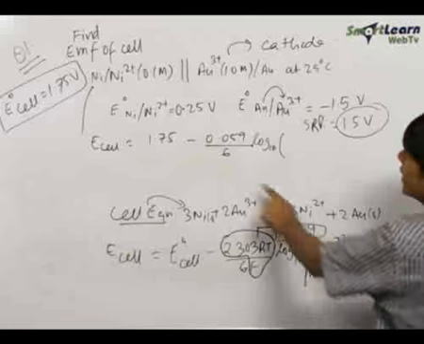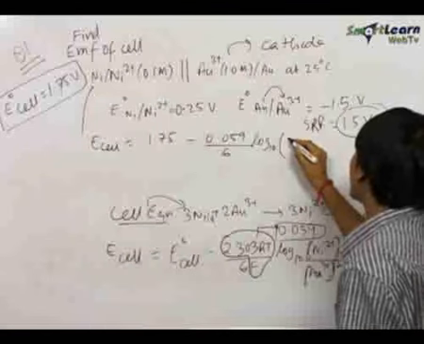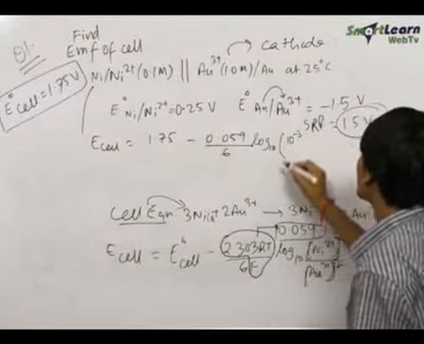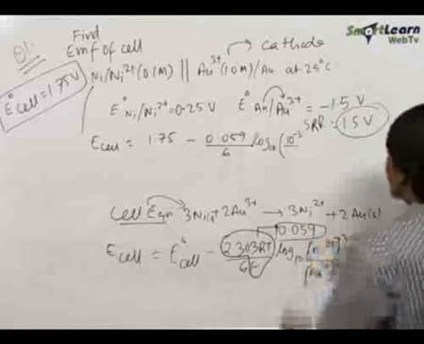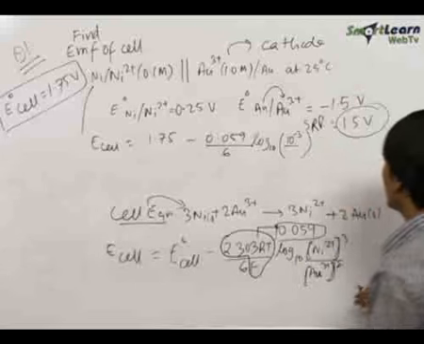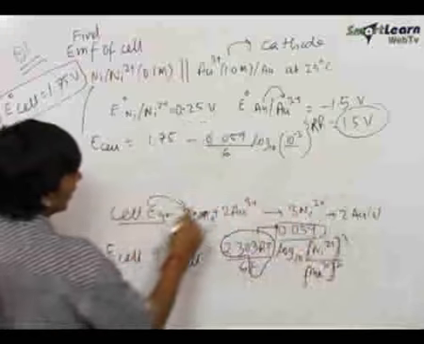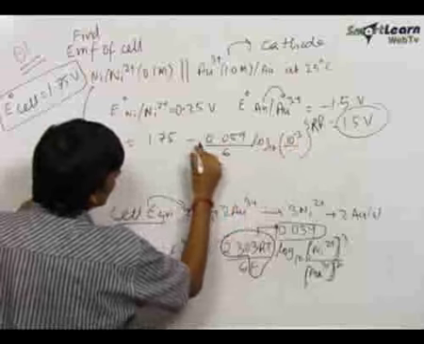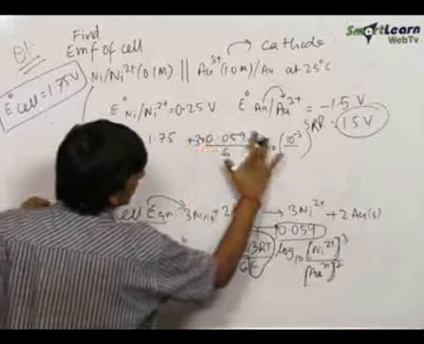We have concentration of nickel 2+ to be 0.1, that is 10 raised to minus 1 whole cube, that is 10 raised to minus 3, upon 1, because 1 whole square is 1. Therefore we write 10 raised to minus 3 over here. Therefore minus 3 comes outside and we get plus 3 into this quantity.